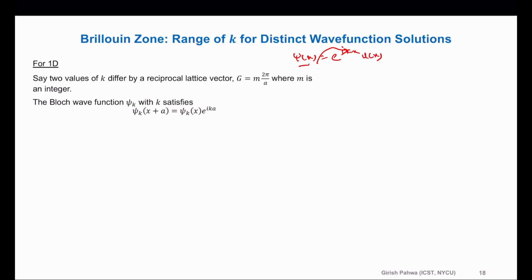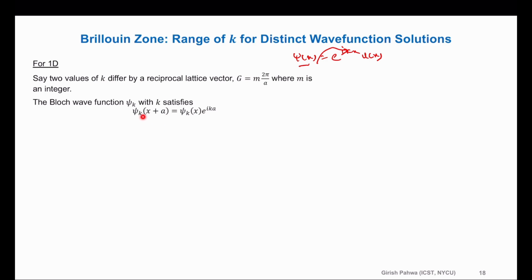That's why there is this index k here. There can be several values of k, and corresponding to each k value there can be a different Bloch wave. That's what I am trying to say.